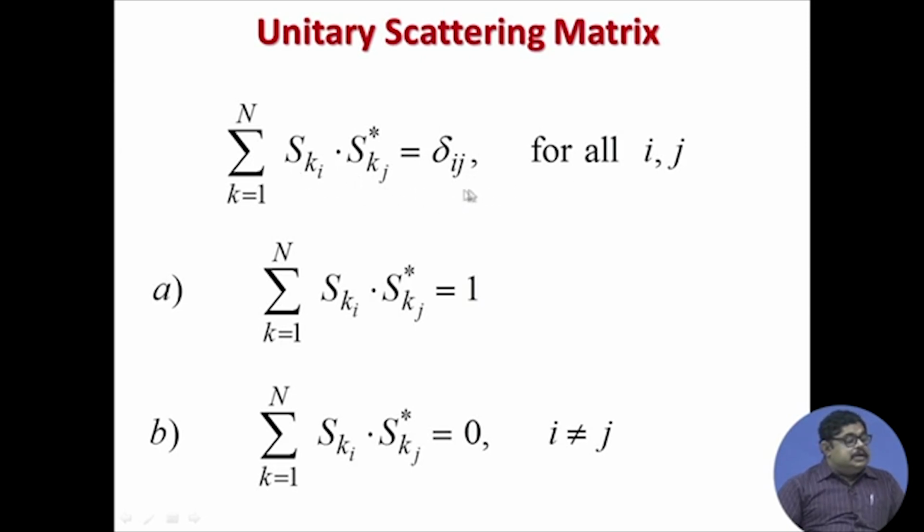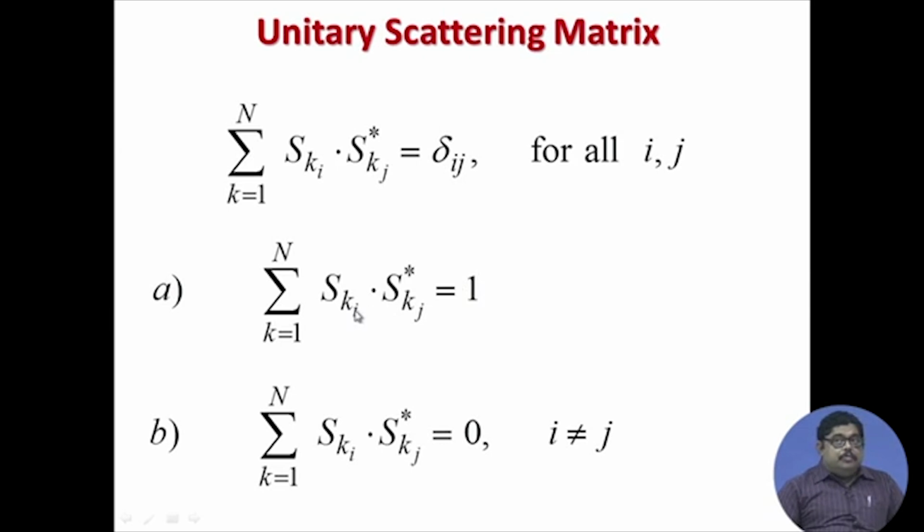Now, this can be broken into two parts. One is, Ski dot Skj star is equal to 1 for i equal to j. That means any column of S, with k equal to 1 to n, if it is dotted with the conjugate of the same column, will give 1.